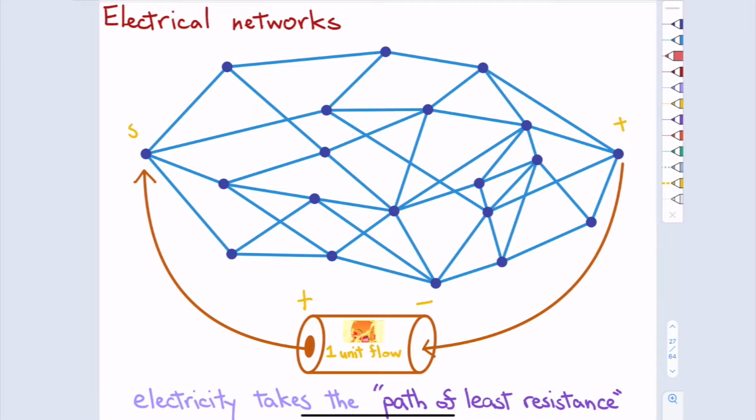You need to send one unit of flow from S to T, and the question is how. You might have heard the phrase, the path of least resistance. Electricity and various other things in physics will take the path of least resistance. How might you interpret that phrase, from S to T? Shortest path. This is the most natural answer. So what is the shortest path in this graph from S to T?